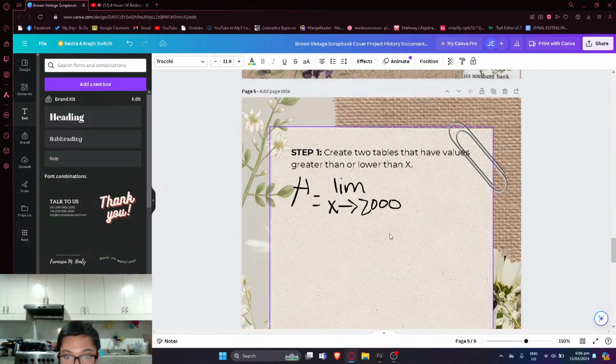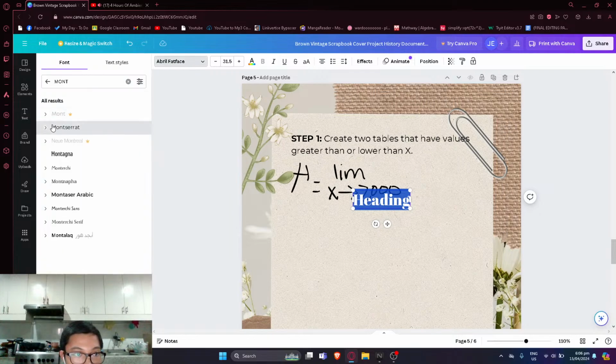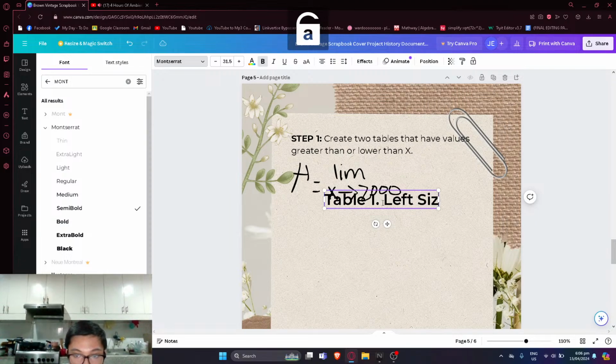And then we have the, so yung table 1 natin, let's just name it, what do we name it? Table 1. Left side.